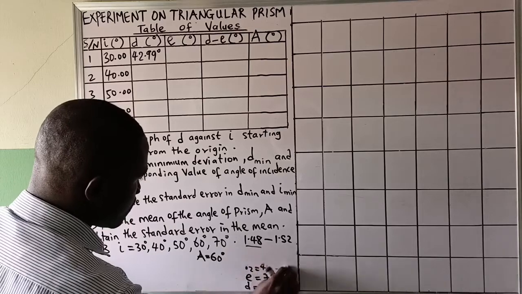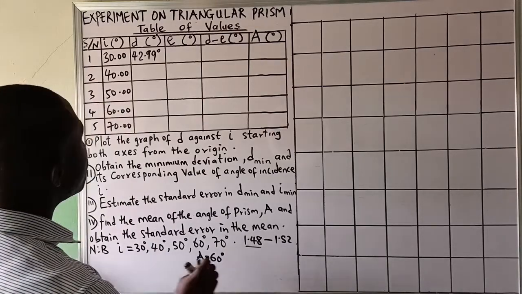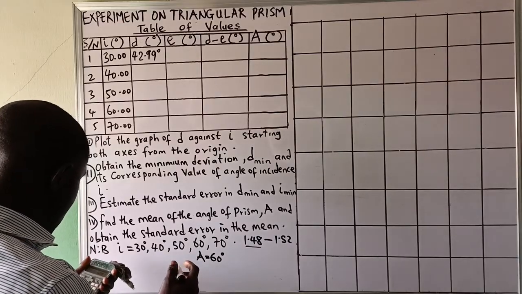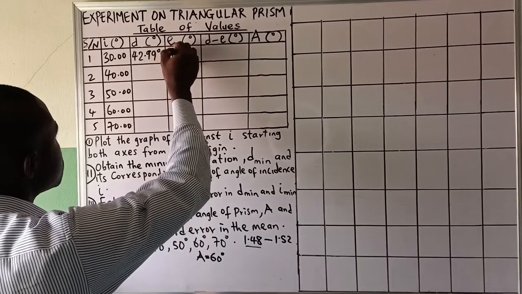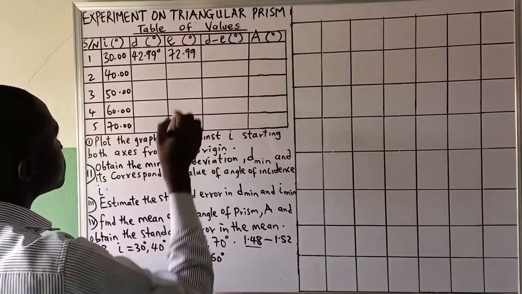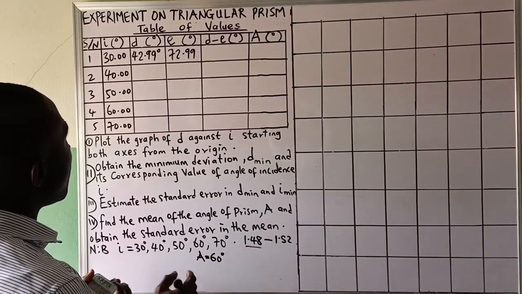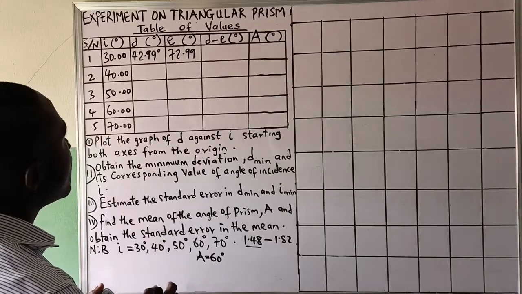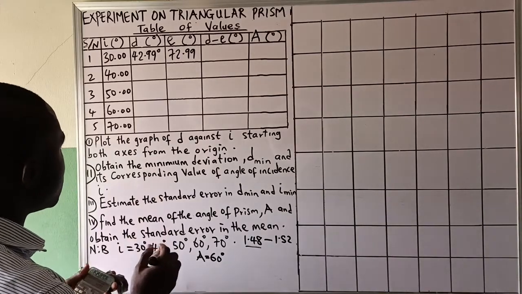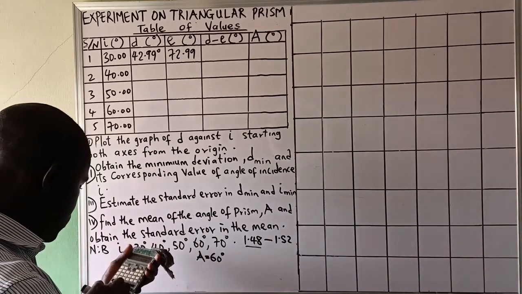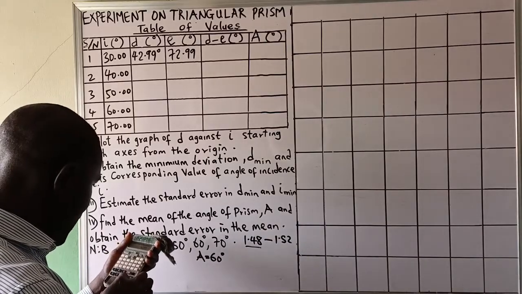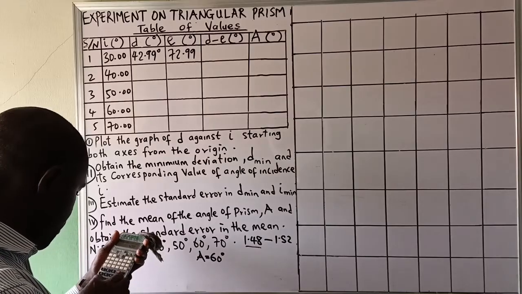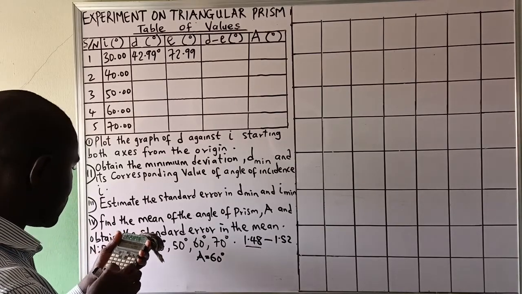Then for the second part, we have to get our E, and we said that our E is equal to what? 72.99. Then our D minus E. That will be giving us 42.99 minus 72.99.